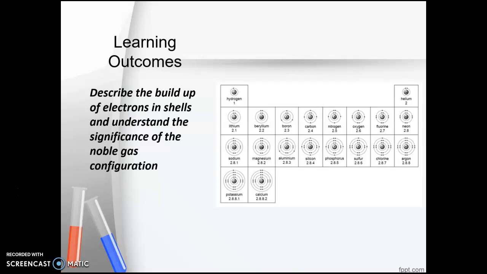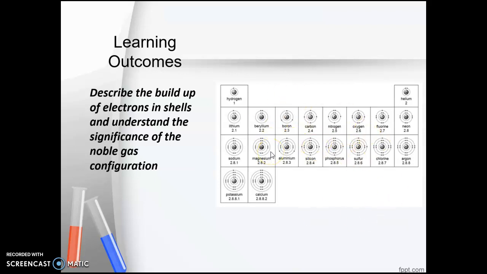So today, inshallah, we are going to know more about the buildup of electrons in shells and understand the significance of the noble gas configuration. Okay, so this is actually what we're gonna do.